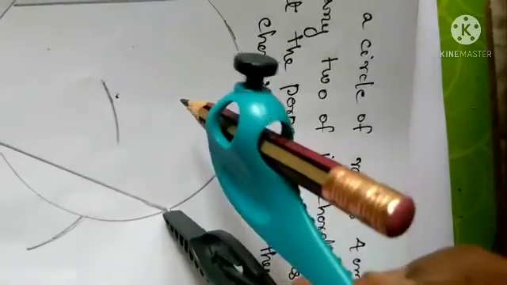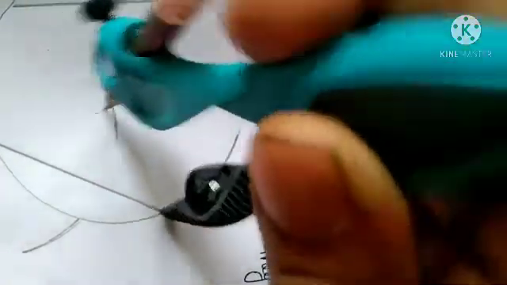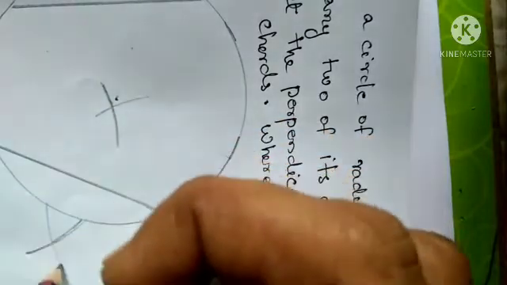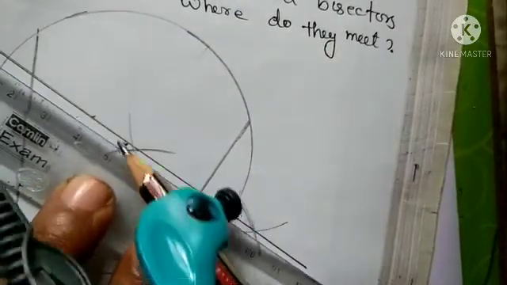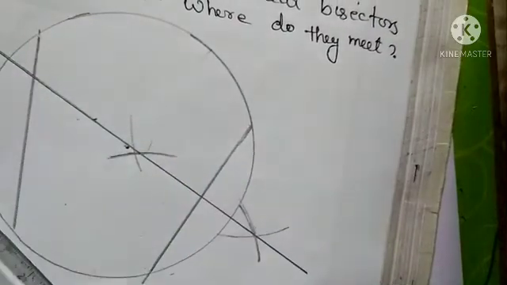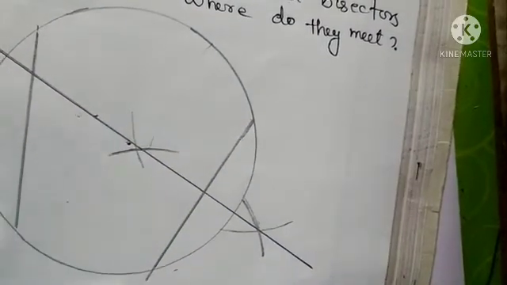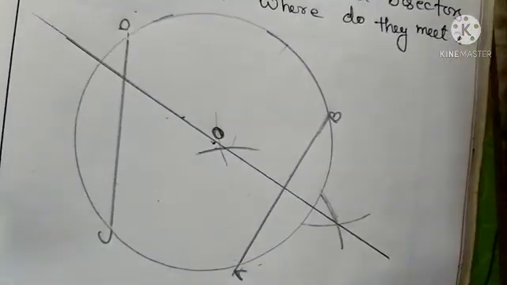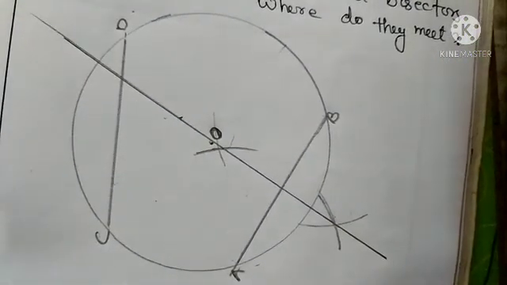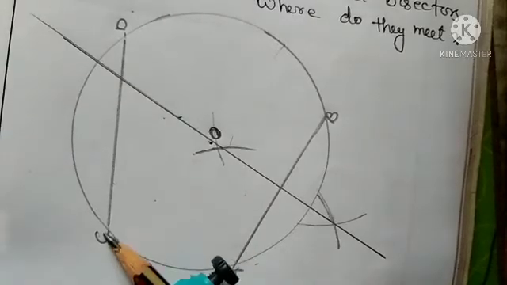From this end point also we draw two arcs. Join these two meeting points. Again we draw bisector to this chord. We give the name for this chord AB and this one CD.